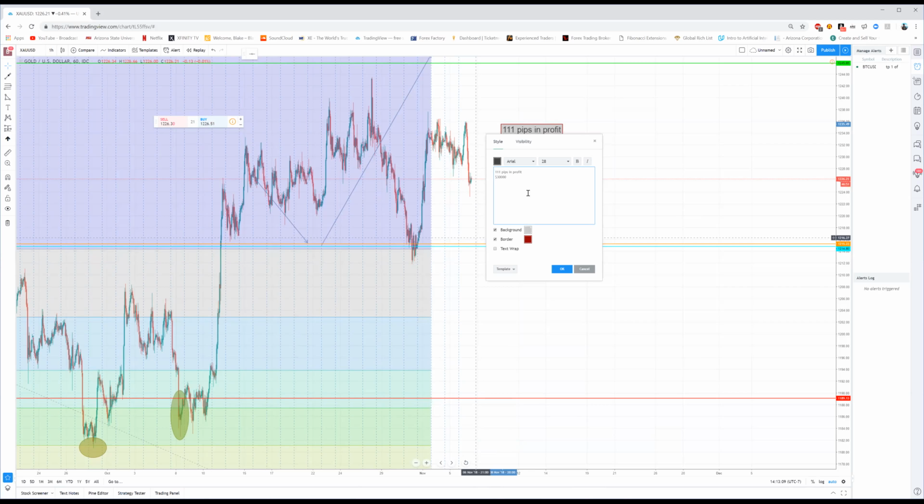So who knows what lot size you would use on a $30,000 account with proper risk management? What number would you use? Yes, exactly, 3 lots, 3.00, which would make you $30 per pip.